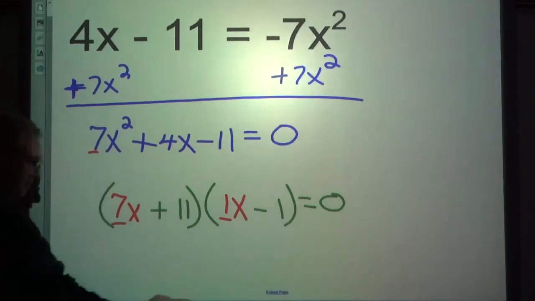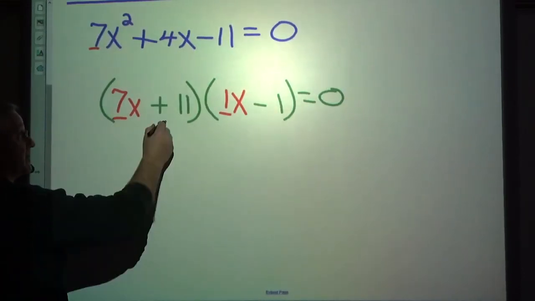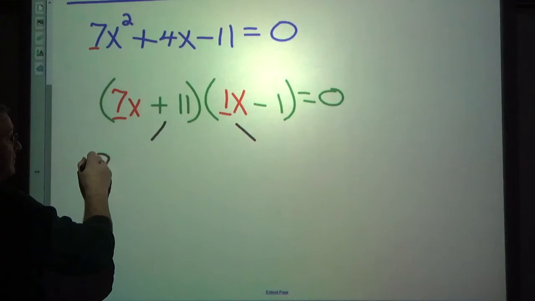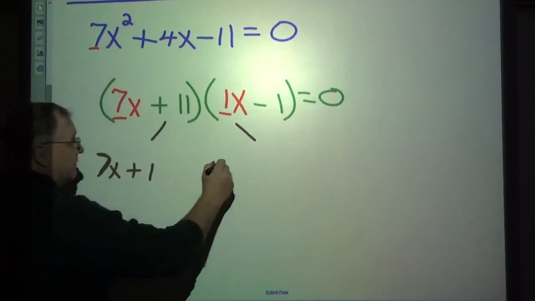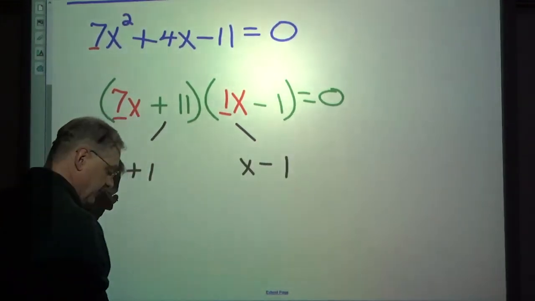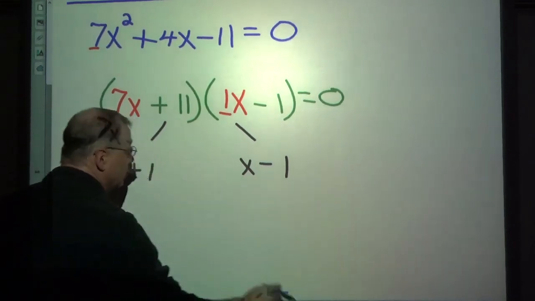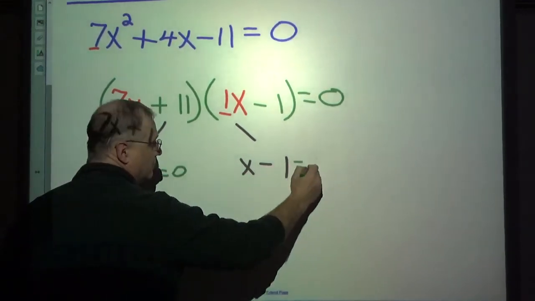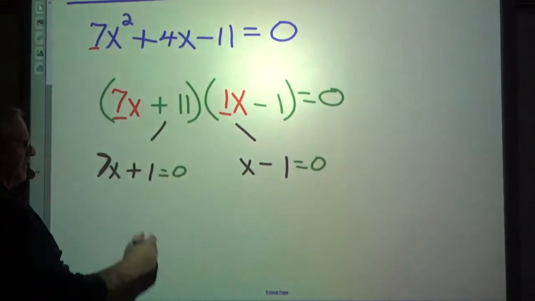And now I can separate 7x plus 11, x minus 1, set equal to 0, and solve them.